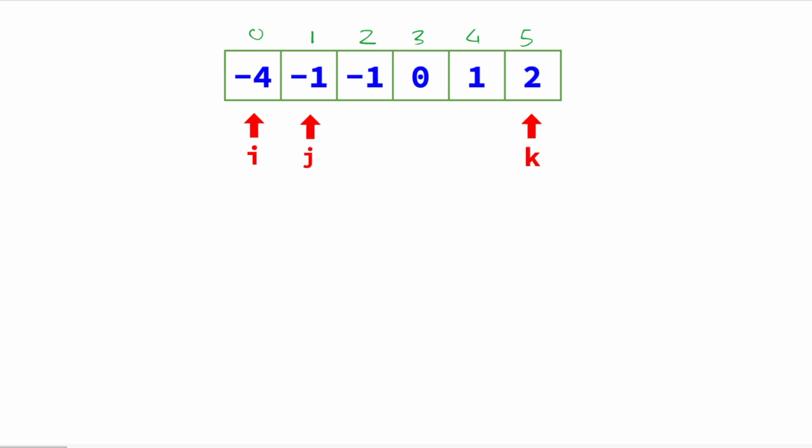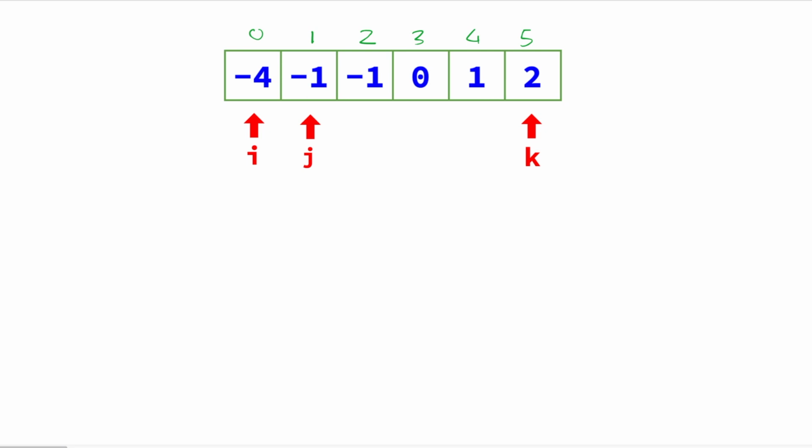So the logic to solve this problem is to check the sum of the values at indices i, j, and k. If it is equal to 0, then we have found a triplet, and if it's less than 0, that means we need to move towards the right of this array because we want to get closer to 0.